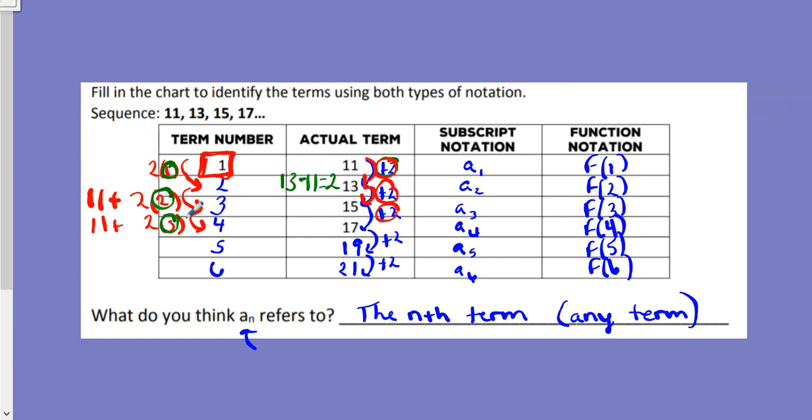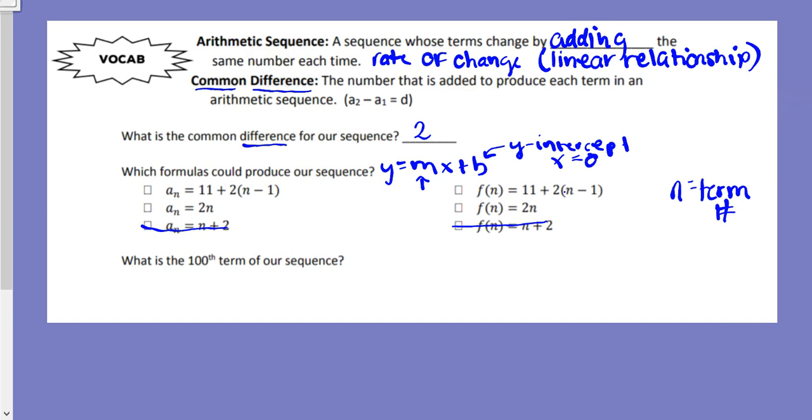So this brings us to our formula that helps us find any term that we need. To find any term, I'm starting with my initial value of 11. I'm adding 2, but I'm adding it 1 less than the number of terms I have.